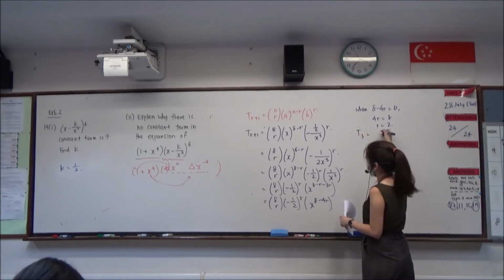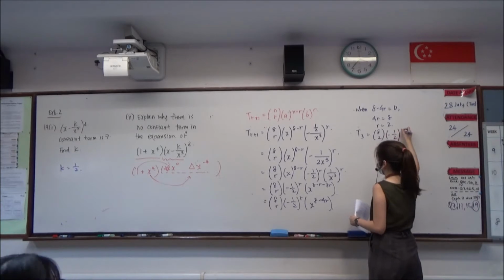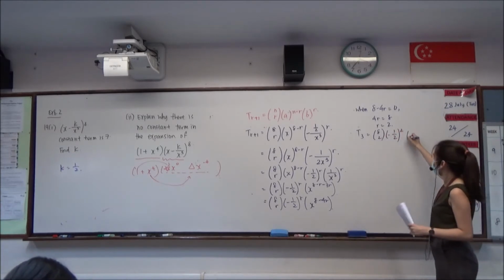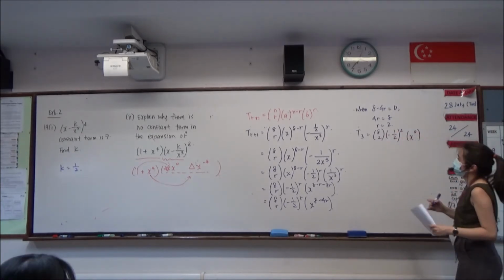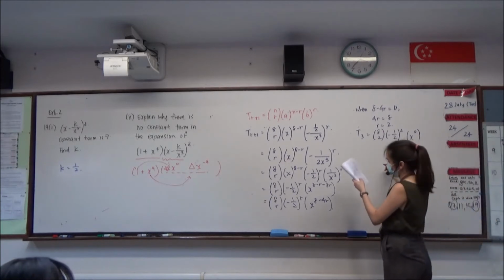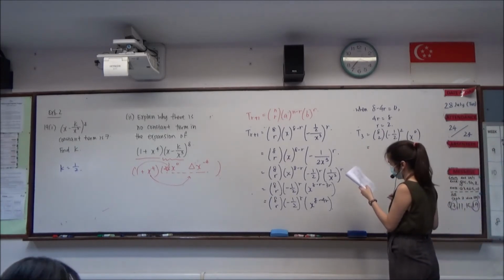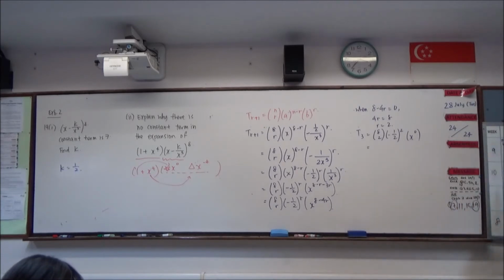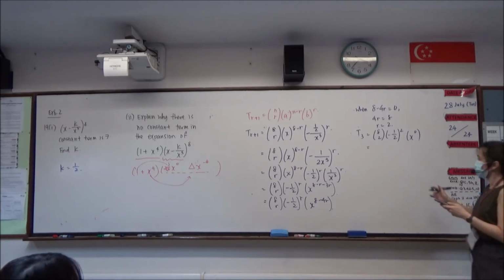So our term number 3 eventually will be x to the power 0, and that would give us 8 choose 2 times 1/7.